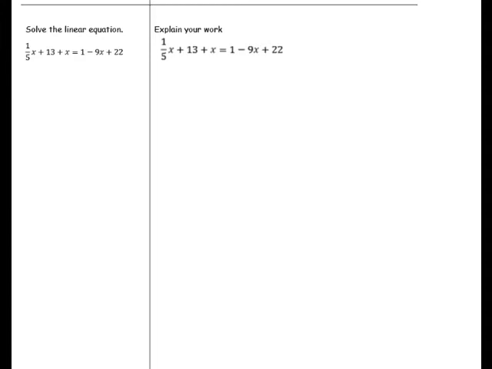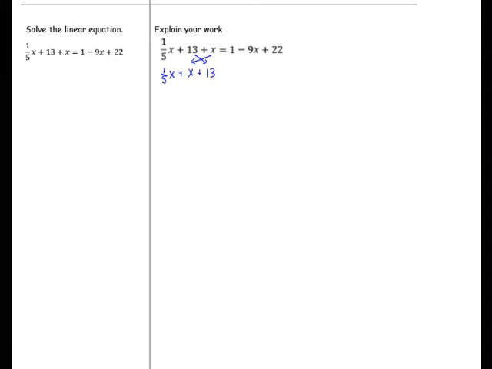We can use the commutative property to rearrange and put the like terms next to each other. Bring down 1/5 x, then add x, then add 13.